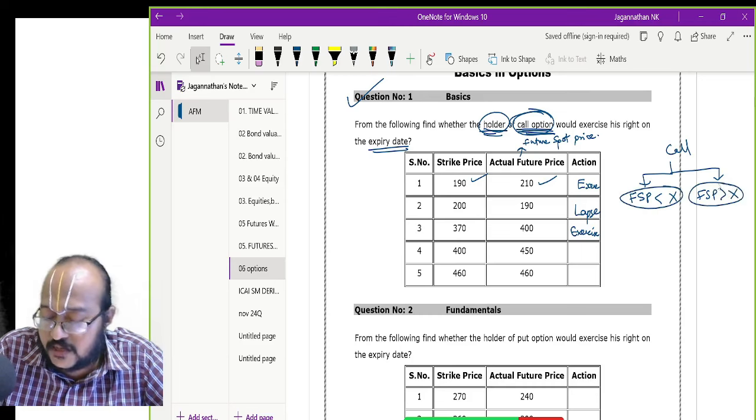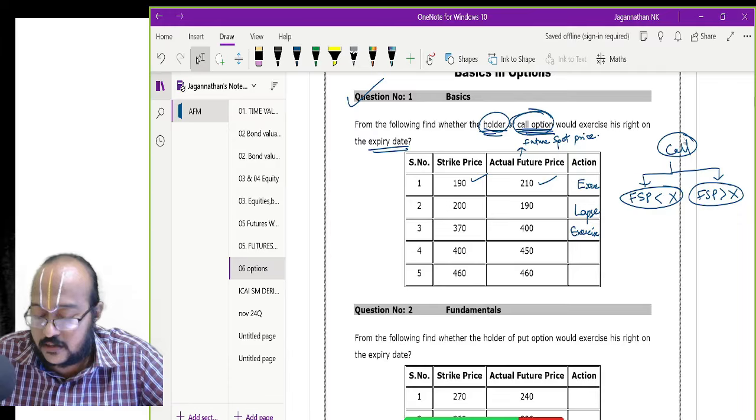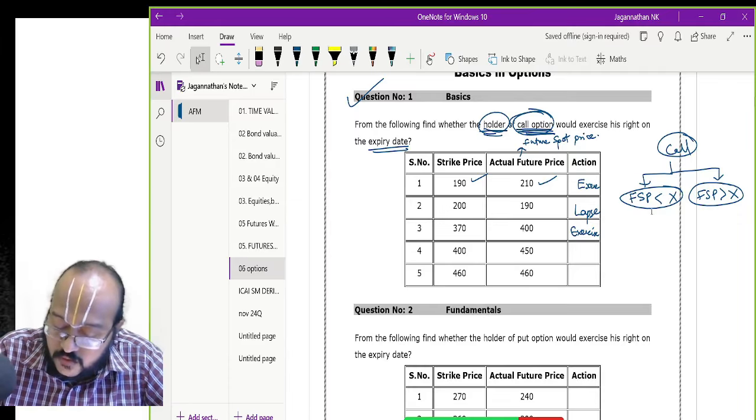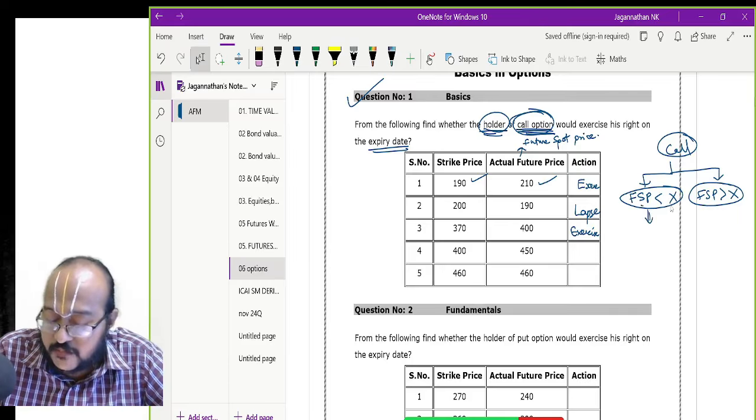In case you are a call option holder, if future spot price is less than exercise price, will you exercise? You will lapse. If future spot price is more than exercise price, obviously you will exercise.